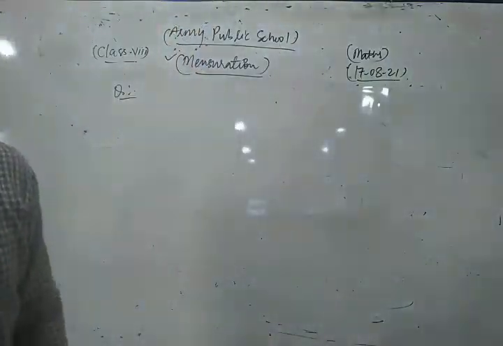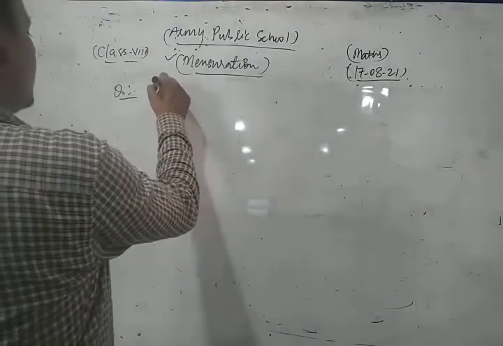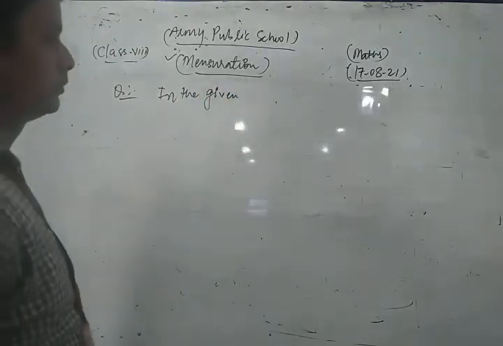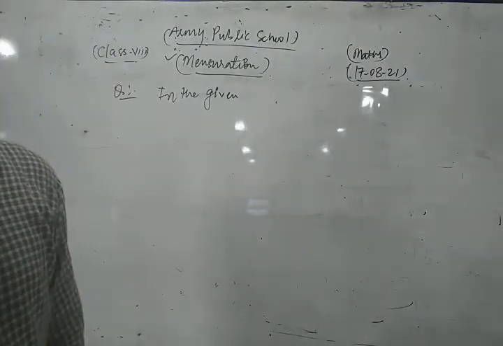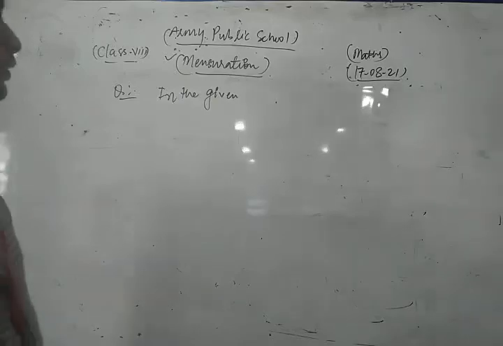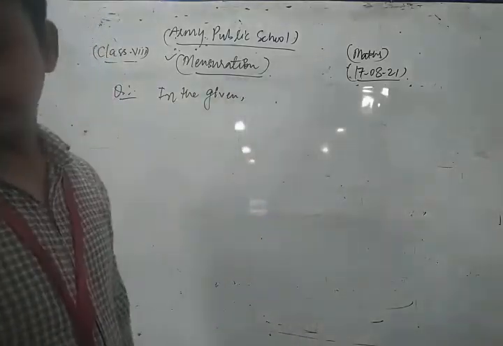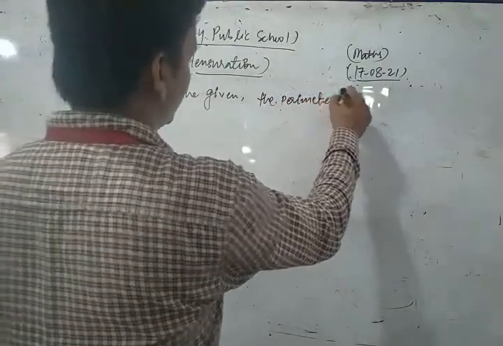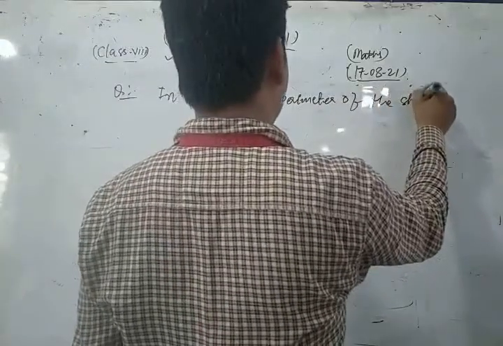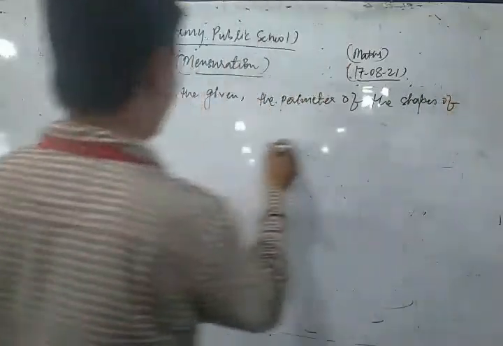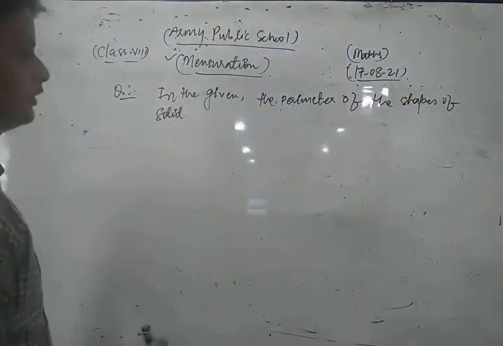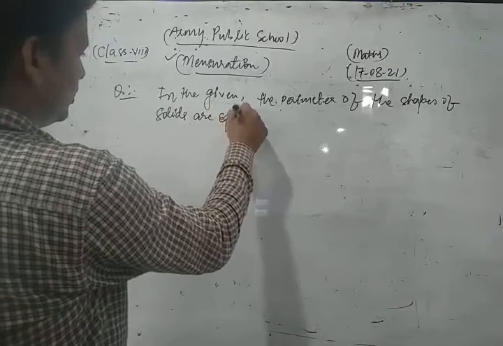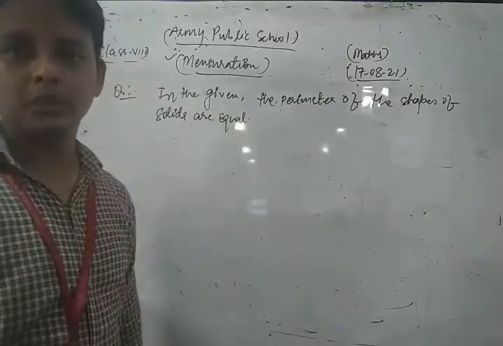Your question is: in the given figure, the perimeters of the shapes of the two fields are equal.